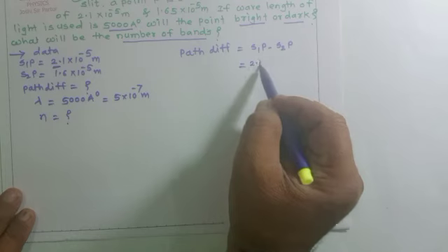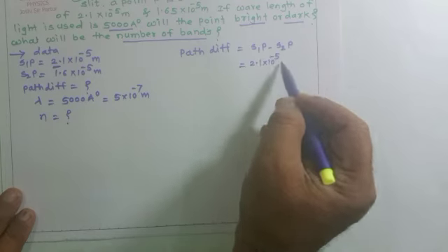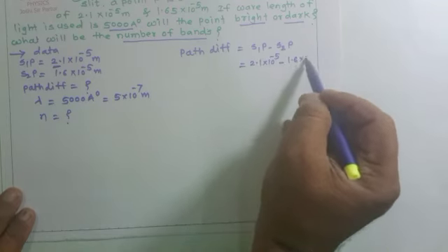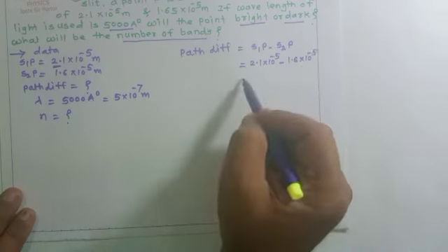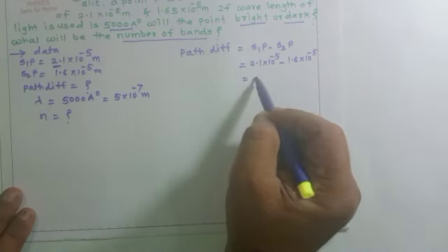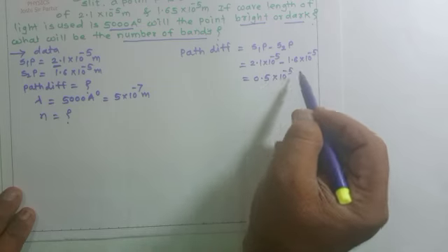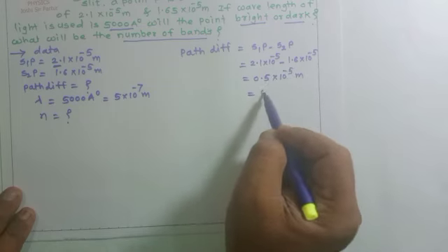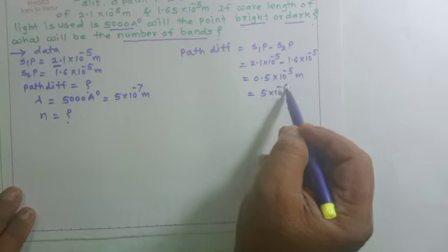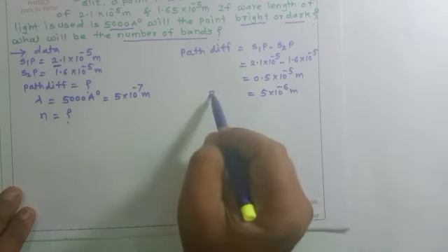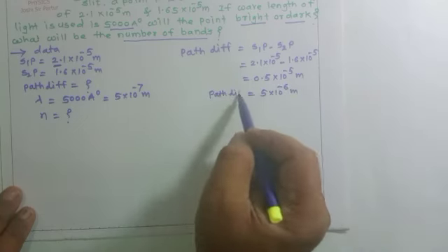So 2.1 into 10 raised to minus 5 minus 1.6 into 10 raised to minus 5, which is 0.5 into 10 raised to minus 5 meter, or 5 into 10 raised to minus 6 meter. That is the path difference.